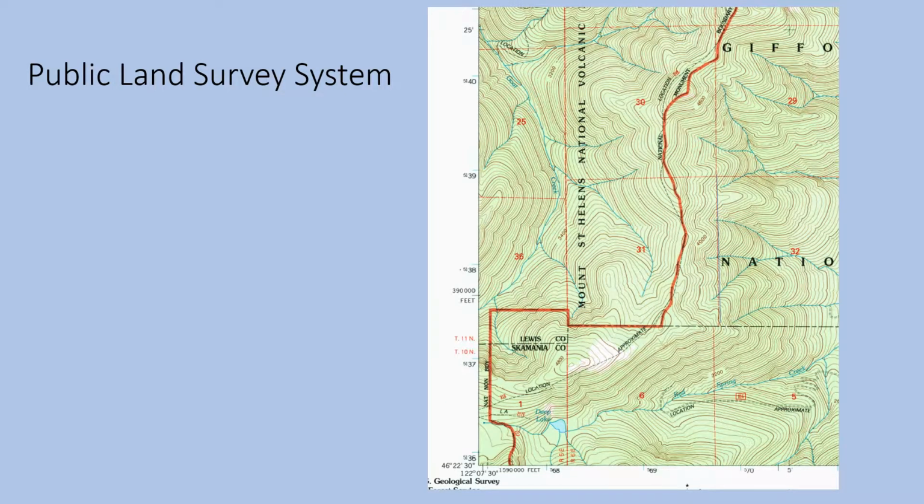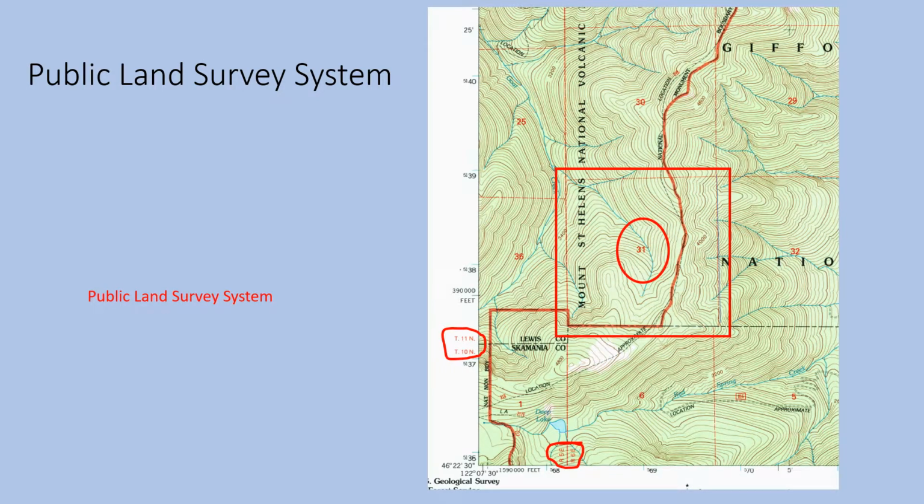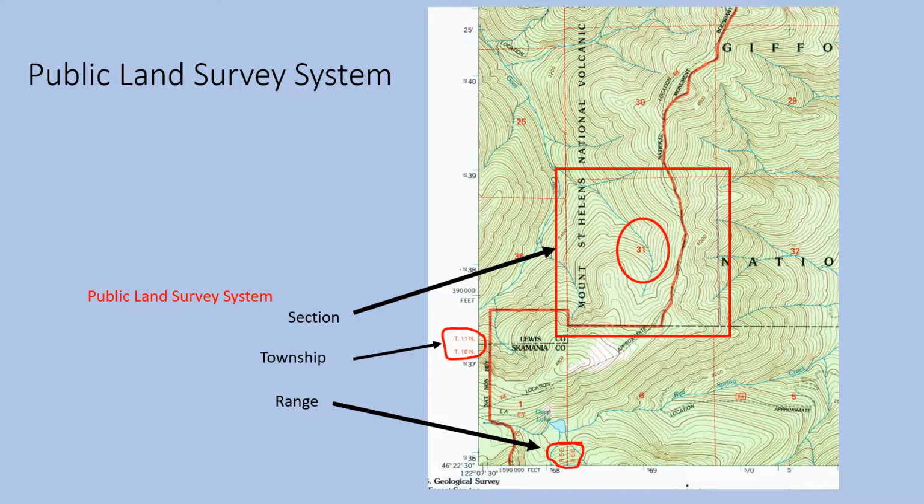The Public Land Survey System defines areas of land by section, township, and range. All of Washington is covered by the Willamette Meridian.